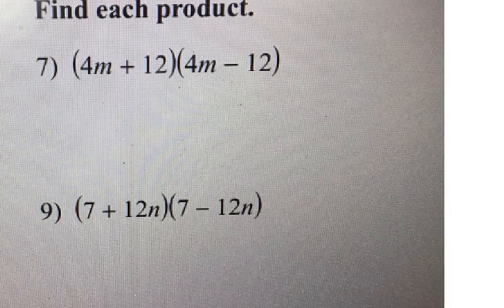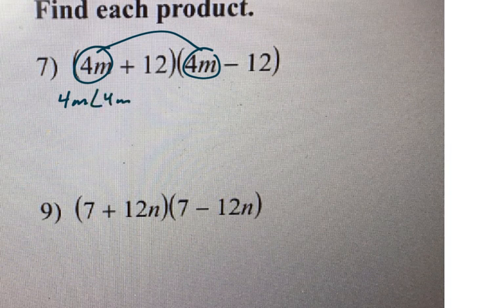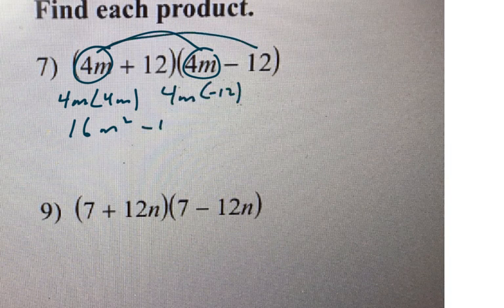Okay, the next thing is distributive property. So here, notice I'm going to do 4m times 4m. That's 16m squared. I have 4m times minus 12, minus 48m. I have 12 times 4m.